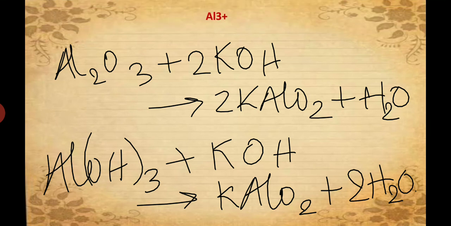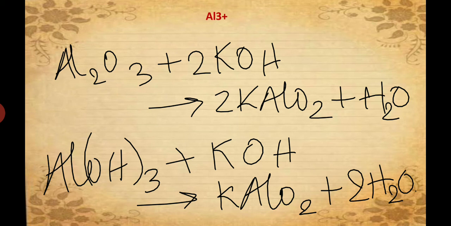So in all these cases, we have found that whenever a metal is reacting with hot concentrated alkali, then it is liberating hydrogen along with the corresponding salt. And whenever the oxides and hydroxides of the same metal are reacting with the hot concentrated alkali like KOH and NaOH, sodium hydroxide and potassium hydroxide, they are producing what?